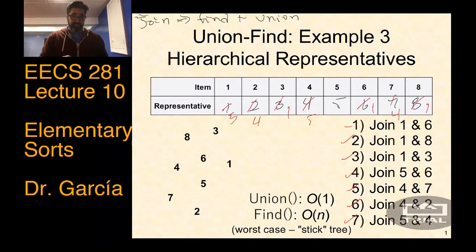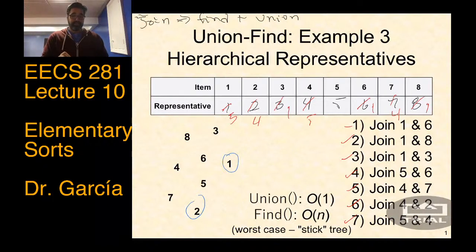So, for example, if I wanted to see the representative of 1, that's 5, so I'm going to circle everything as blue for the items that belong to the current set. And so then if I do a find on 2, that gives me 4, and then 4 gives me 5. So now I see that they belong to the same set as 1. So 2 is indeed in the same set just by following the representative of the representative of the representative.